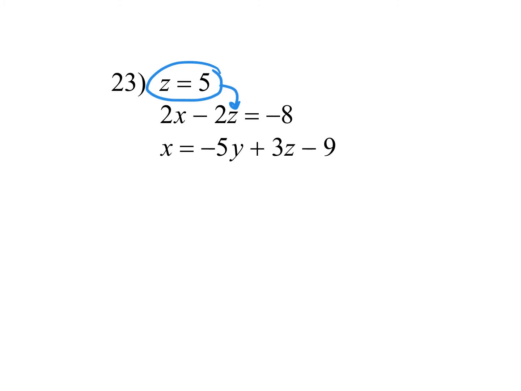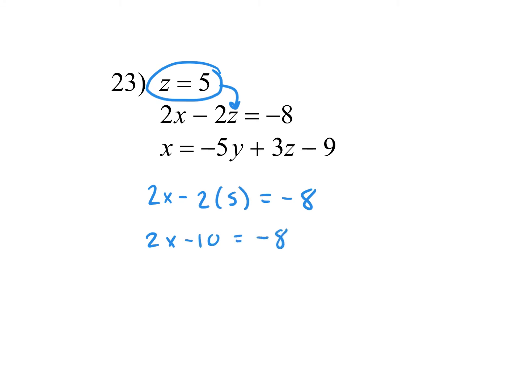So I have z is equal to 5. So I'm going to plug that into my equation with 2 variables. I couldn't plug it into the third one yet because I only know what one of my variables are. So I plug it into the one with 2 variables. So I have 2x minus 2 times 5 is equal to negative 8. So 2x minus 10 is equal to negative 8.